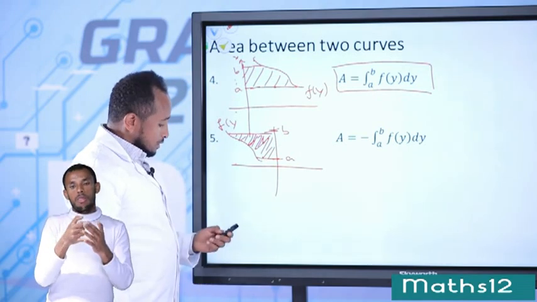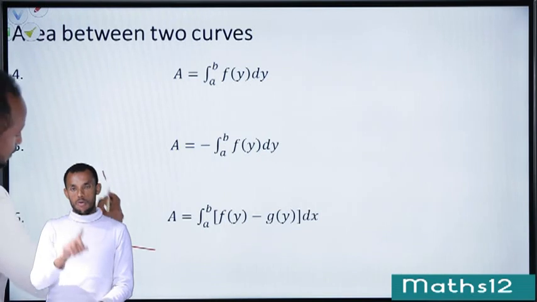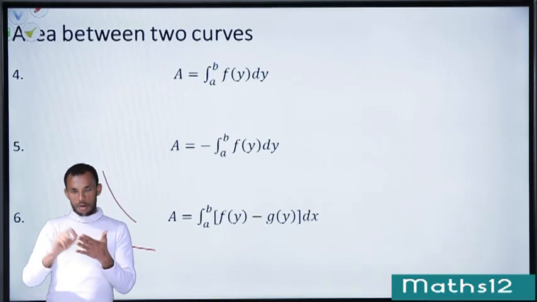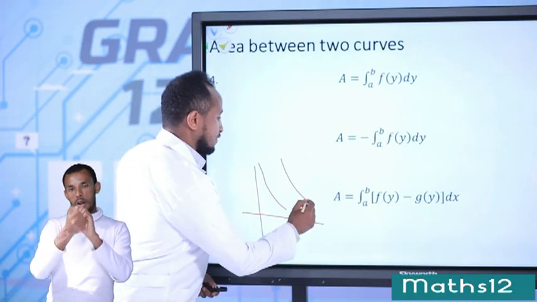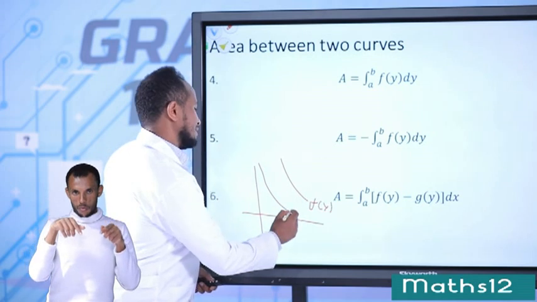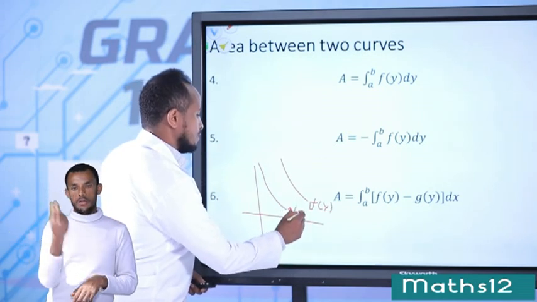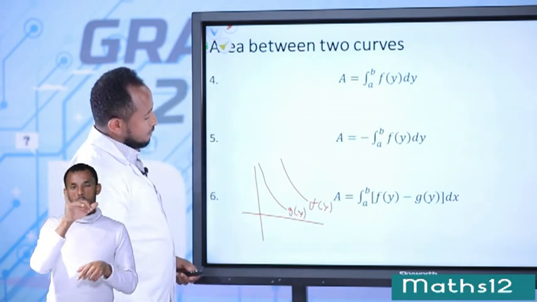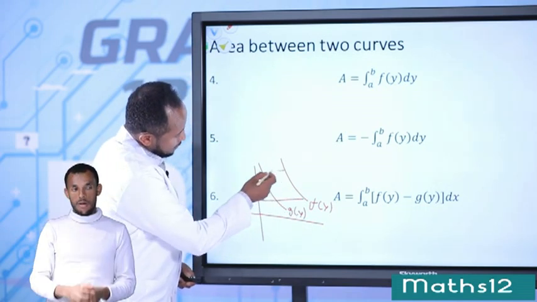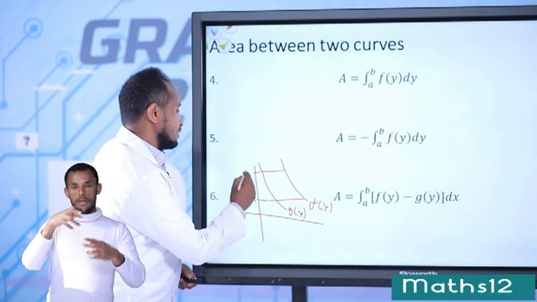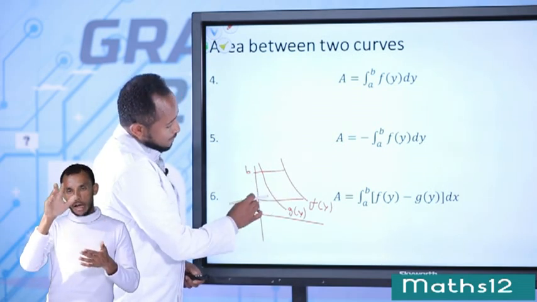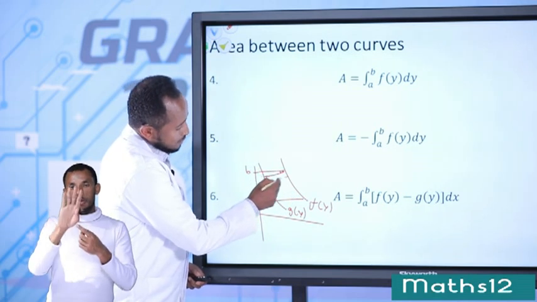Now next to this you have two functions written in variable y. One function here, it is f of y, the other function here g of y. If you are asked to find the region bounded by these two curves on the interval a to b, that means this region.